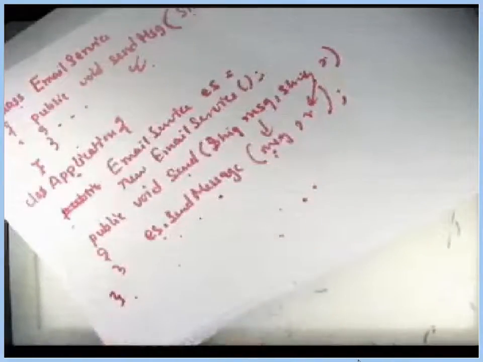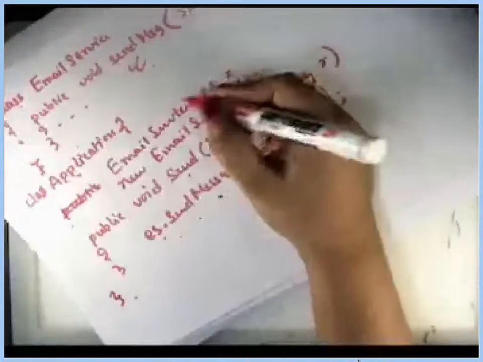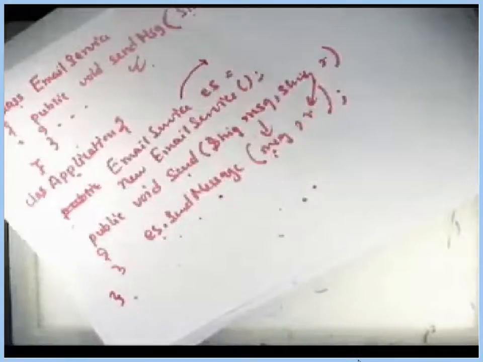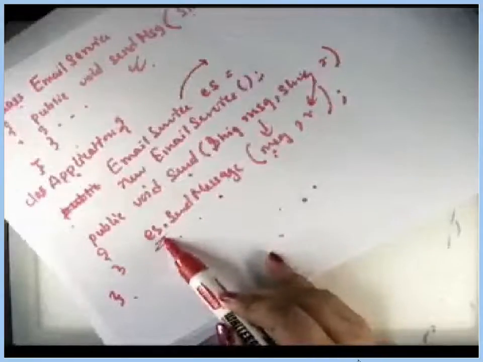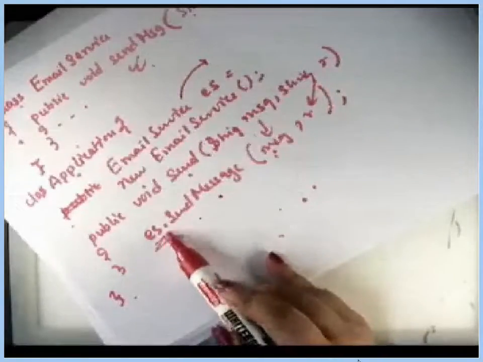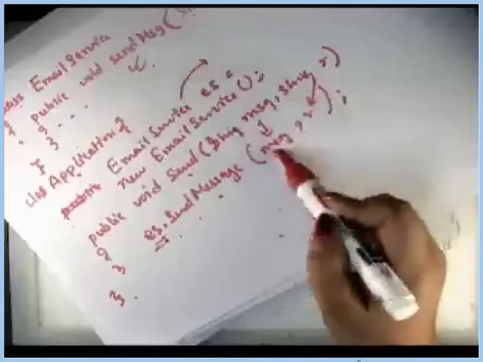Right? Now the thing is, if tomorrow something goes wrong and the organization has to change the email service vendor, then what will I have to do? The entire application needs to be reconfigured, because if you notice, this method depends on this object. It is an email service object, and these parameters have to be sent over here.